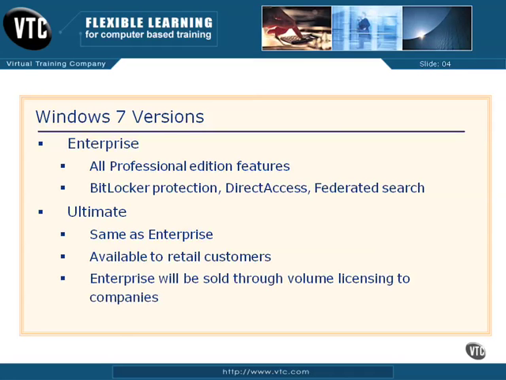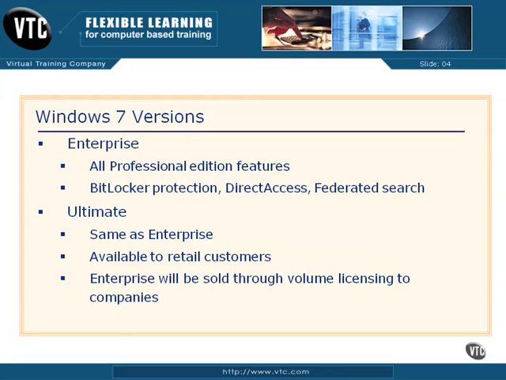So depending on the size of your business, you will either use Professional, for small to medium businesses, and Enterprise will be bought through volume licensing by large companies. But if you're running Enterprise or Ultimate, you're basically running the same thing. Ultimate just means you bought it with an individual product key in a retail environment. Enterprise means you got it through a volume license through a company. Okay, so that's the various versions.